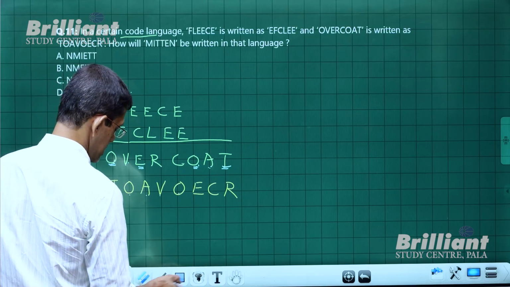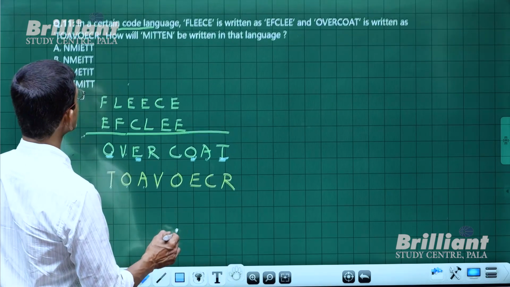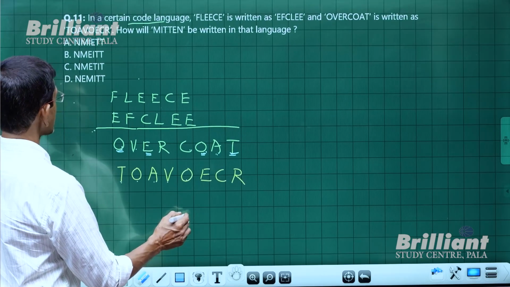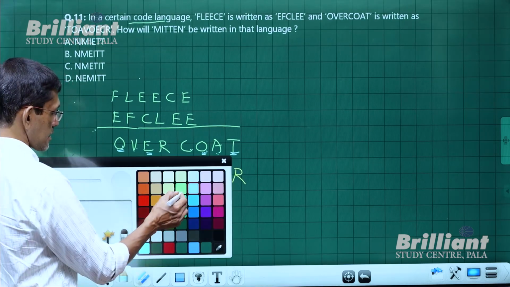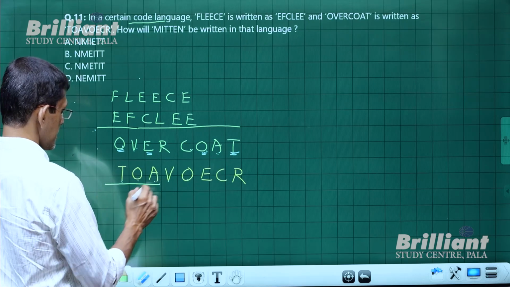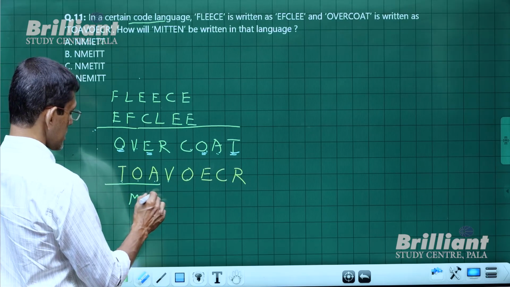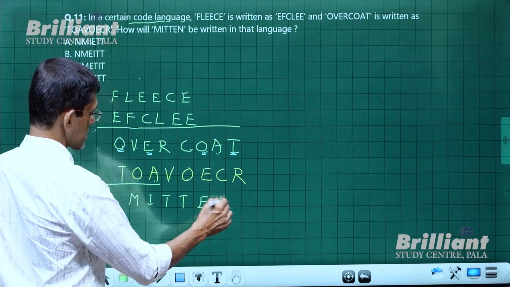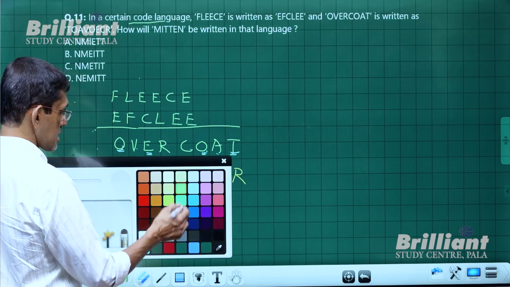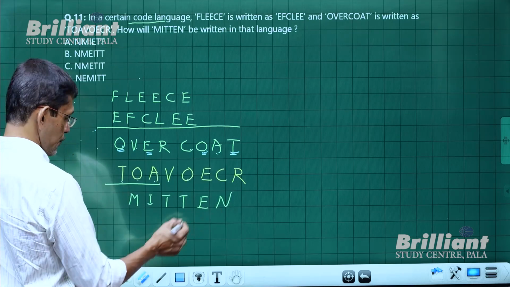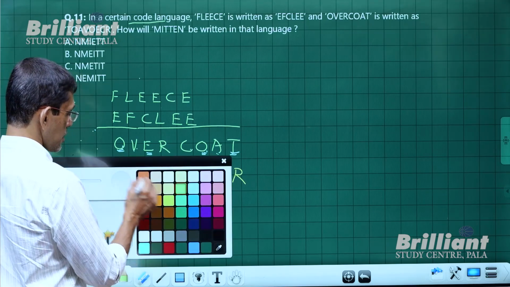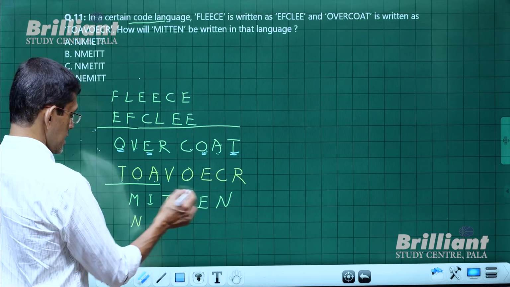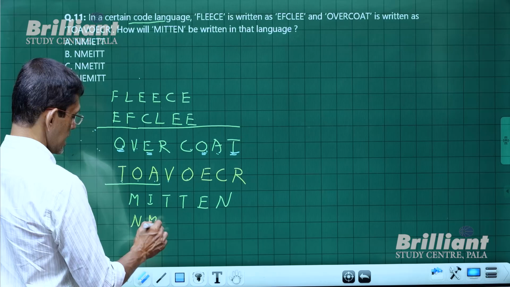If you apply that similar pattern here with what? Mitten. Okay, so we'll try mitten. M-I-T-T-E-N. So what do we do? The last letter first, N, and the first letter second, N-M.